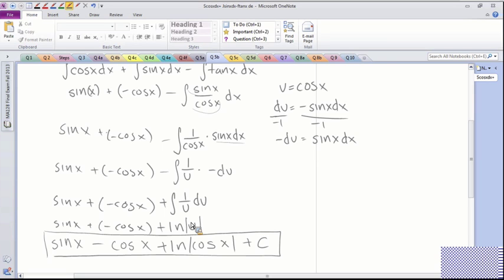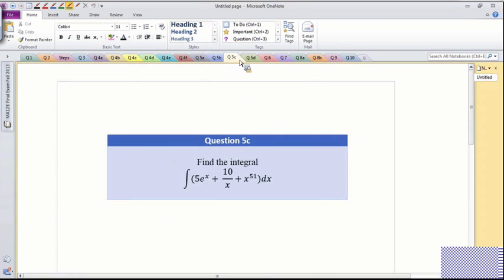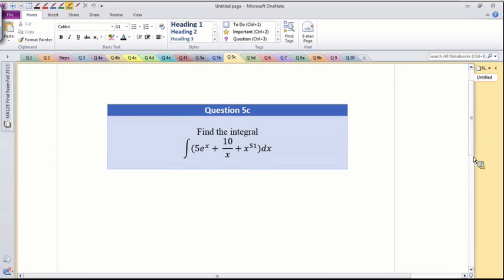Okay, so let's move on to 5C, if there's no objections. Find the integral of 5e to the x plus 10 over x plus x to the 51.